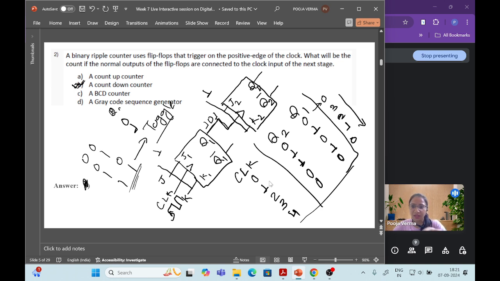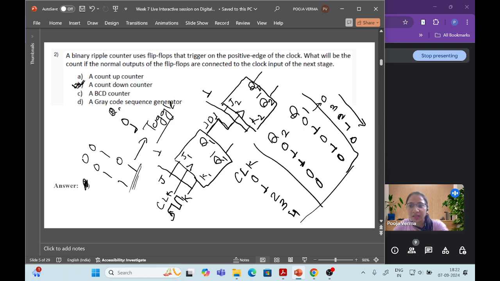So it is given in the question, a binary ripple counter uses flip-flops that trigger on the positive edge of the clock, right? What will be the count if the normal output of the flip-flop, that means this is it. Any flip-flop has 2 outputs. One is the normal output and one is the complemented output, right?